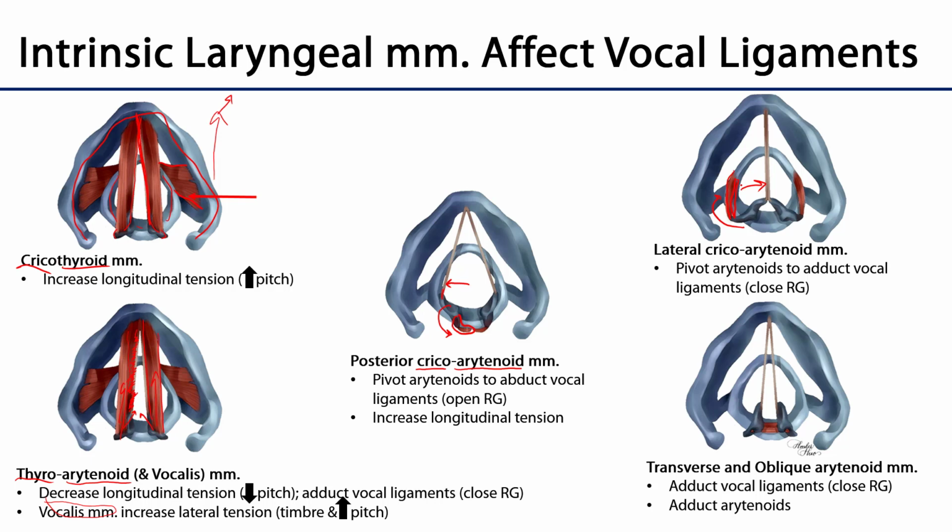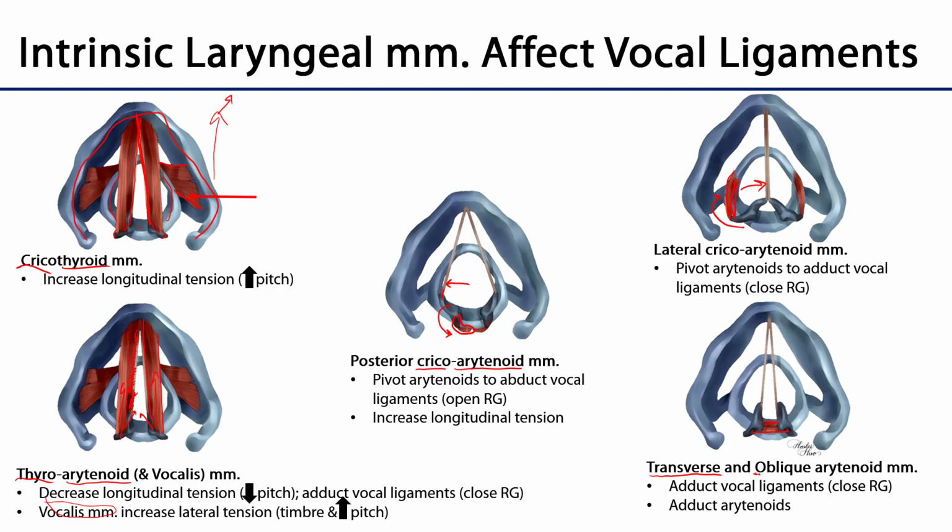And then finally, we have the arytenoid muscles. The arytenoid muscles, as their name may suggest, connect the arytenoid cartilages to one another. And there are two sets of arytenoid muscles, and they're named based on how their fibers run. There's a set where their fibers run transversely, called the transverse arytenoid muscle.